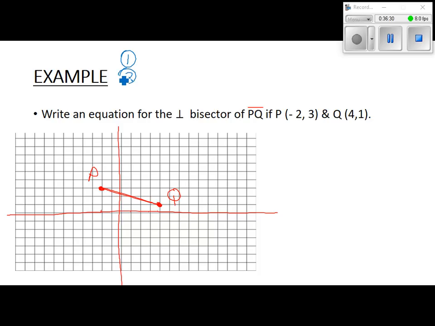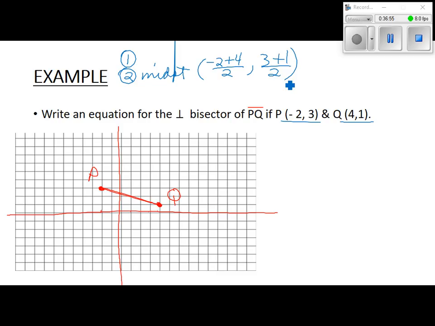Our second step said to find the midpoint. The way we find the midpoint is to use the midpoint formula. On the midpoint formula, all you do is add the x's and divide by 2, then add the y's of those 2 points, P and Q, and divide by 2.